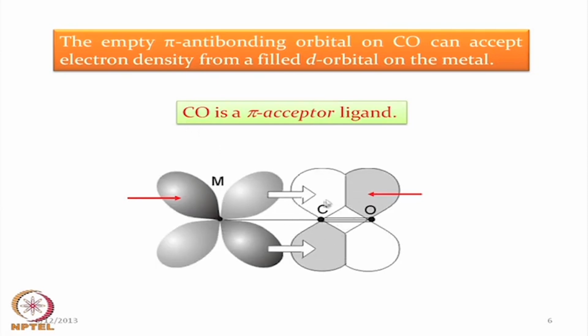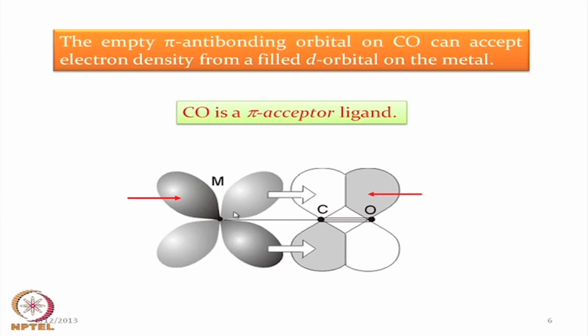Like our p orbitals, what we have seen in our previous slide, if we have a single ligand center, a single monoatomic ligand center, it can be nitrogen, it can be oxygen. The p orbital was utilized for the corresponding donation or acceptance of electron density from the metal dxy, dxz or dyz, or rather the metal t2g orbitals which are filled.